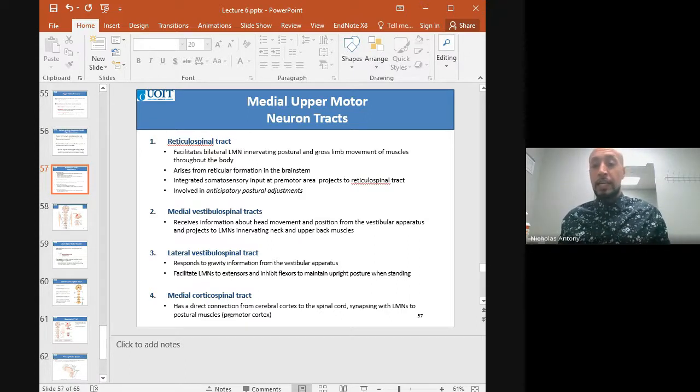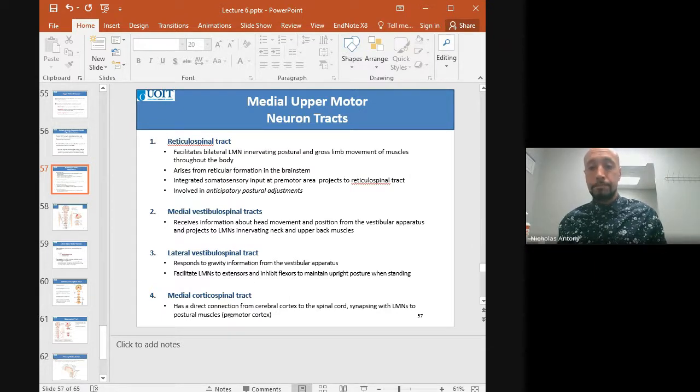Joseph is asking, what's the difference anatomically between the reticulospinal tract and the spinal reticular tract? Nothing. Reticulospinal goes from the reticular formation to the spinal cord, whereas the spinal reticular tract is going from the spinal cord up to the reticular formation.